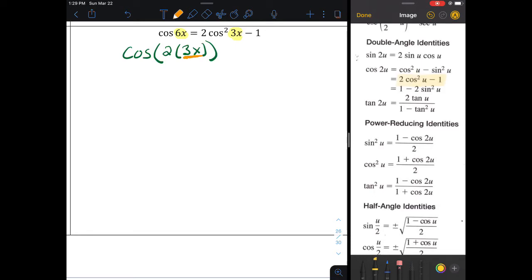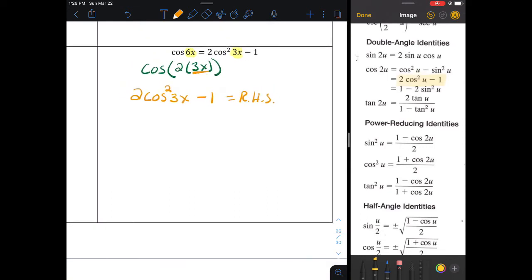So cosine of 2 times an angle is the same thing as 2 times cosine squared of that angle, which is 3x, minus 1. And that is our right-hand side. So that was just a direct application of the cosine double angle formula.